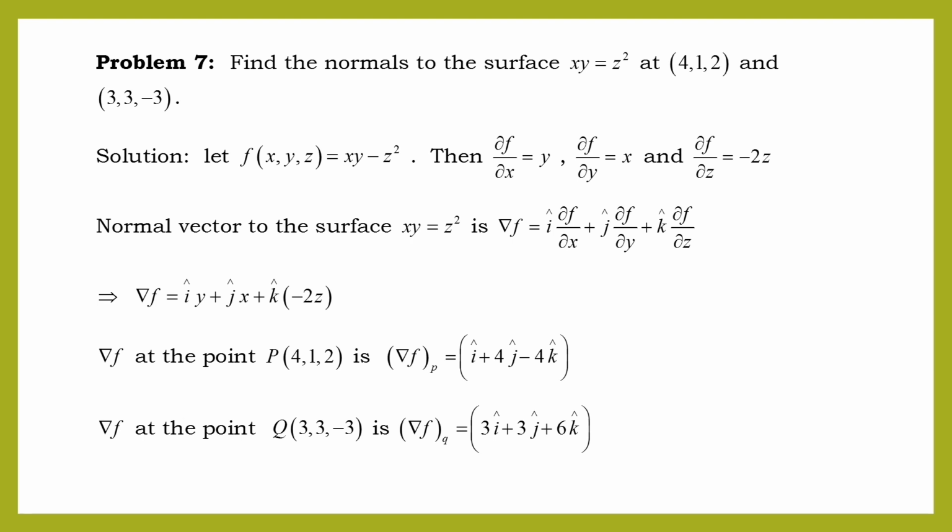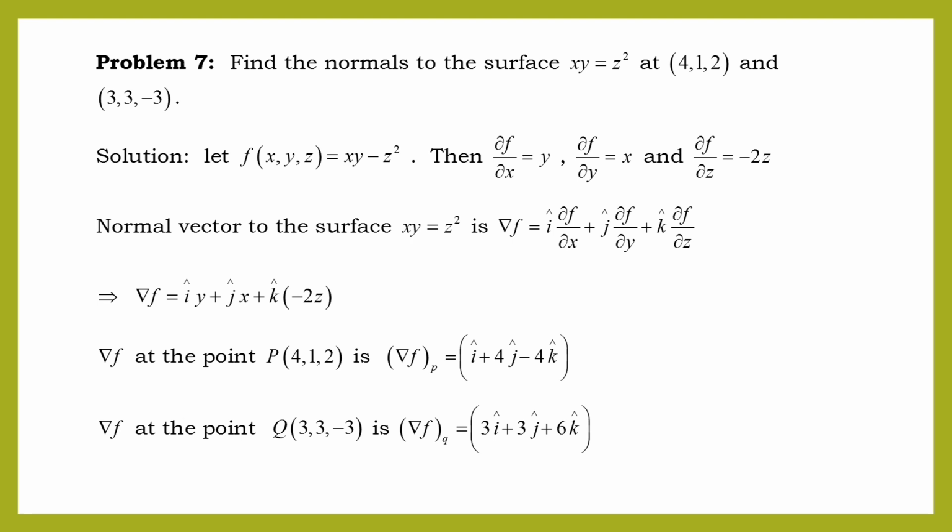Now, to find out a normal to this surface, we need to find out its gradient. Finding normal is the same as finding gradient. To find out the gradient of the function f of x comma y comma z equals xy minus z square, we need to find out its partial derivatives, dou f by dou x, dou f by dou y and dou f by dou z.